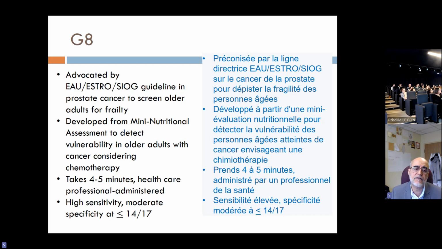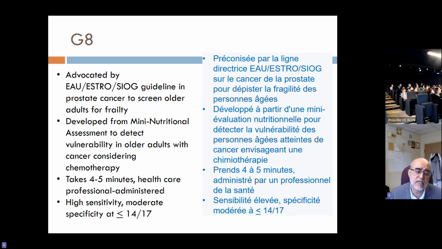The G8 was developed from a nutritional tool called the Mini Nutritional Assessment to try and detect vulnerability in older adults with cancer, particularly those who are considering chemotherapy. The G8 takes 4 to 5 minutes and needs a health professional, but that health professional does not have to be a physician.